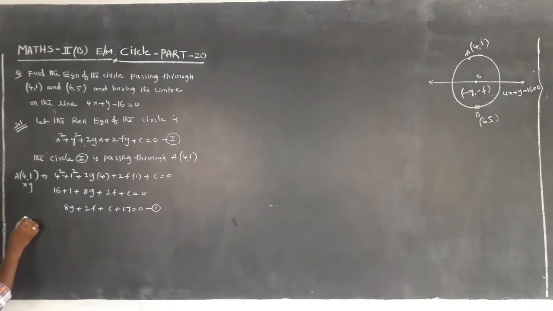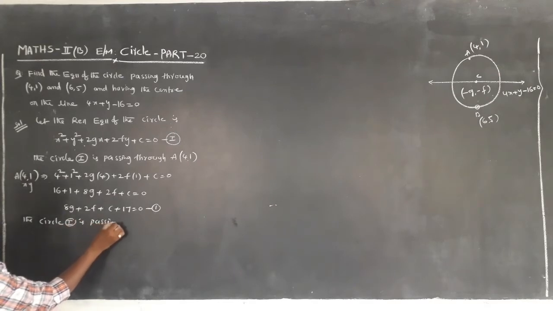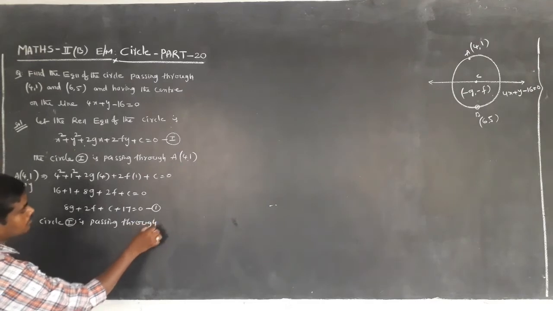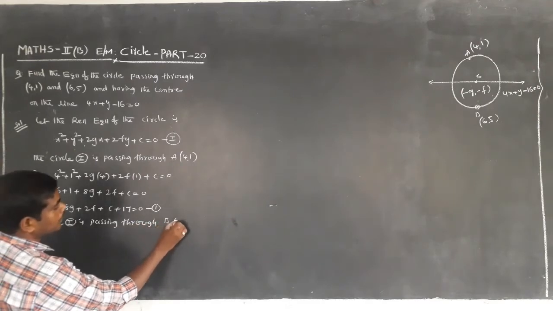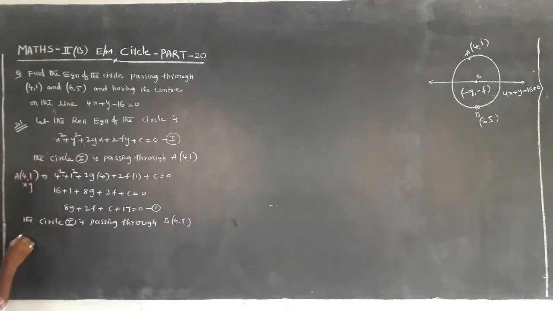Again, the circle is passing through the B point (6, 5). B (6, 5) lies on the circle.